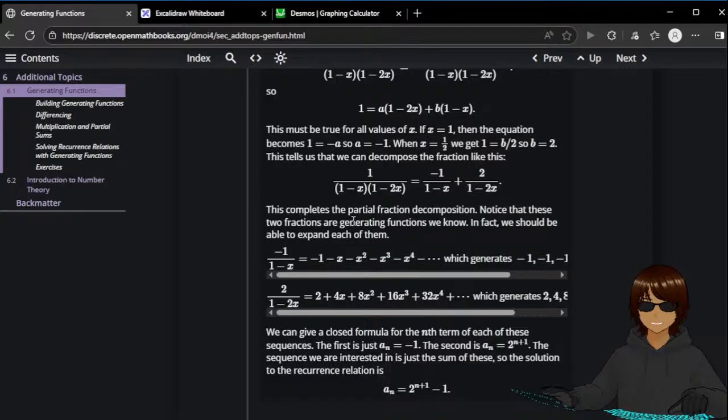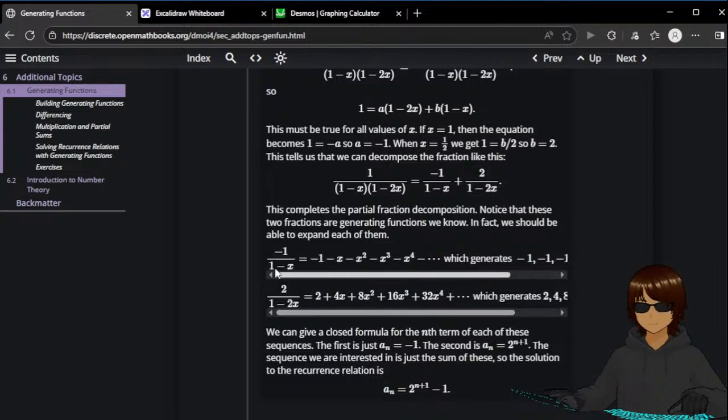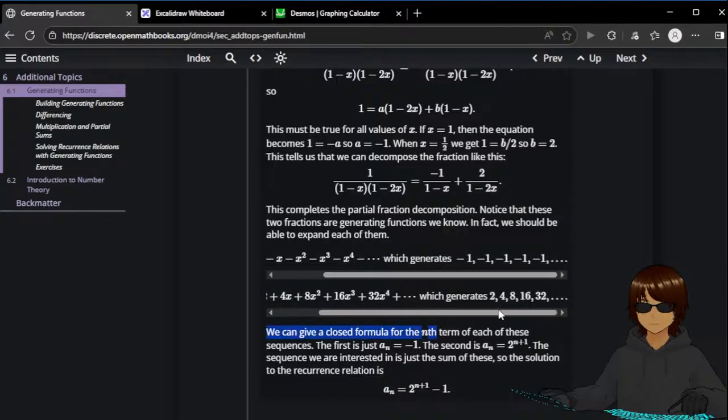Notice that these two fractions are generating functions we know. In fact, we should be able to expand each of them. So this generates -1, -1, -1, and this generates 2, 4, 8, 16, 32. So we have 1, 3, 7.